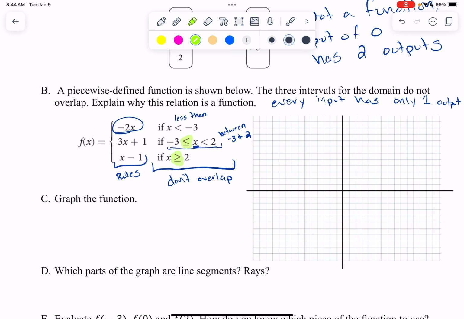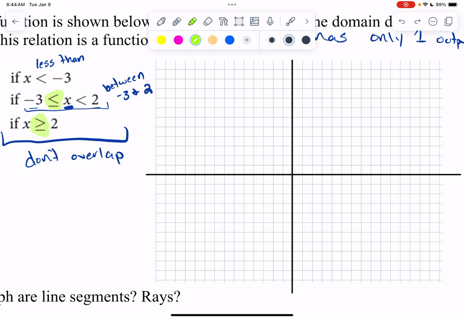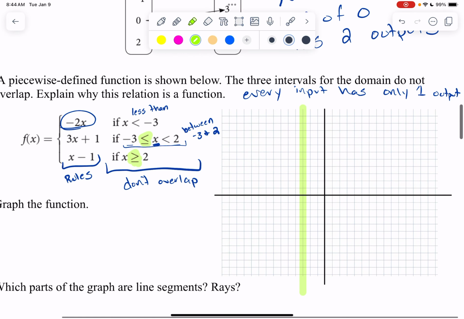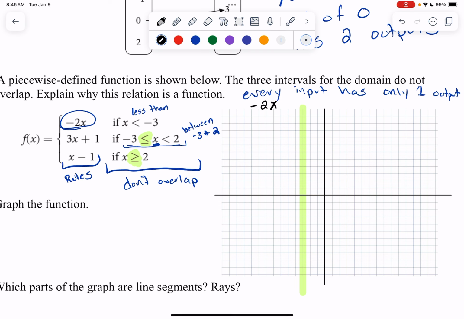So I'm going to come in with a highlighter and find -3: 1, 2, -3 right here. I'm just going to draw a vertical line here at -3. Less than -3 would be this side of -3. So over here, I'm going to use the rule -2x.